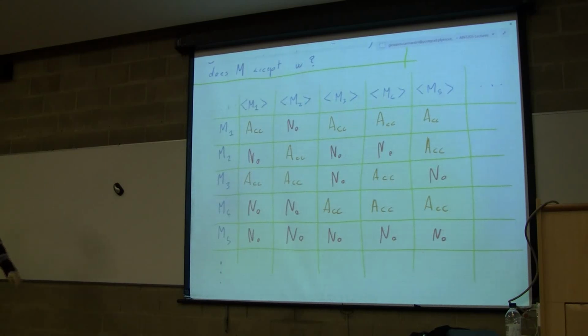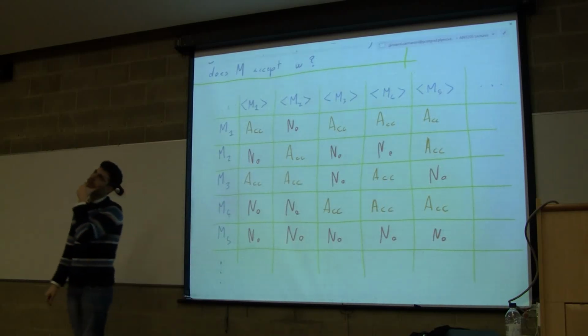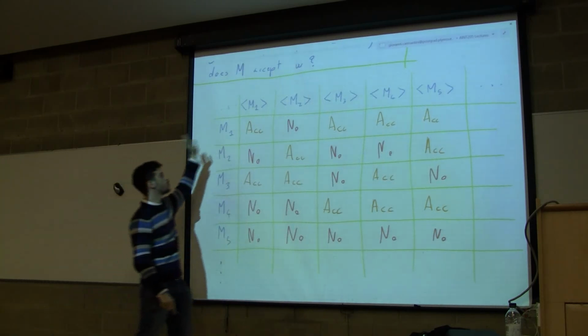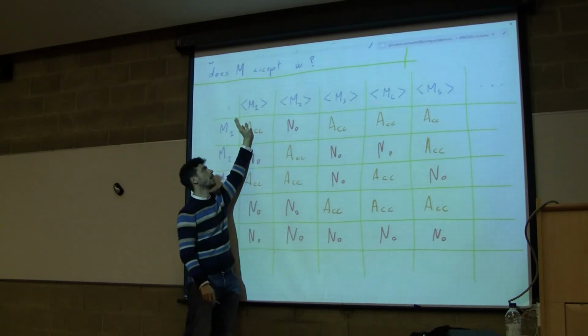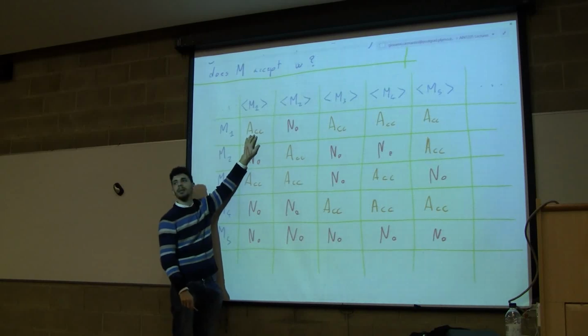Okay? And then I want to see what happens if I feed the Turing machine the description of another Turing machine. So there are three options. Either it accepts, it rejects, or it can loop forever. Now, I just want to know if it accepts or not. So if I have Turing machine M1 and I feed the description of Turing machine M1, does it accept? Yeah, maybe. Accept.